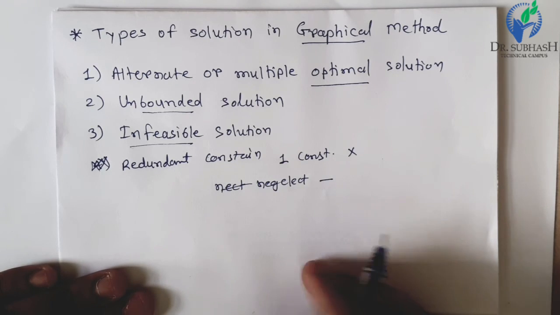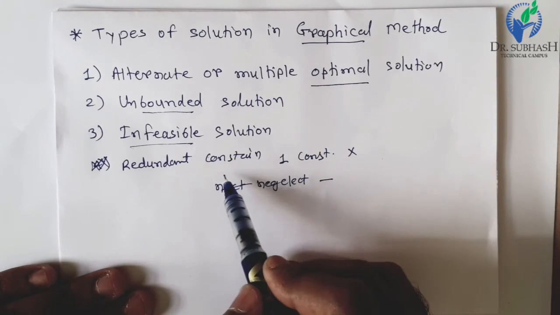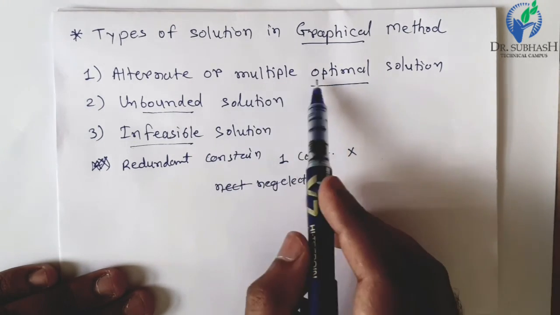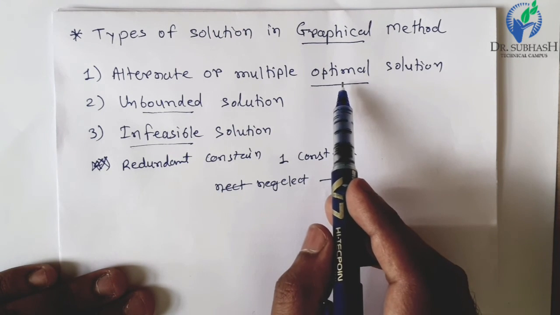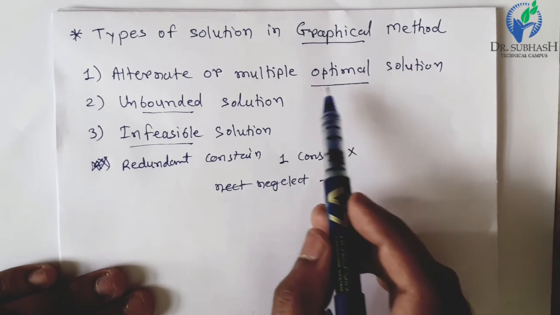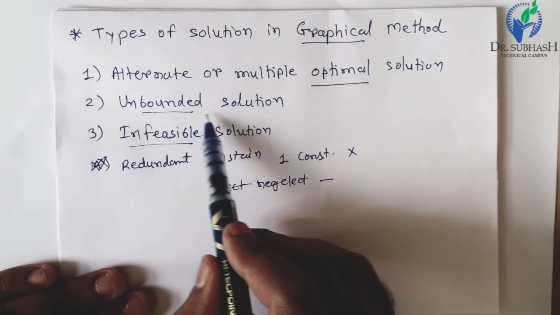What we have done, we have seen 3 types of alternate solution and 1 redundant constraint. Alternate or multiple optimal solutions, in which you get the optimal solution, but more than 1 set of solutions will give you the optimal solution. And another type of solution, the unbounded solution.